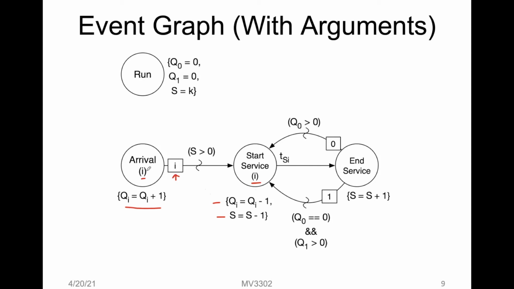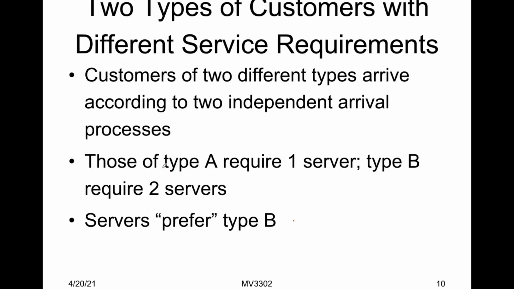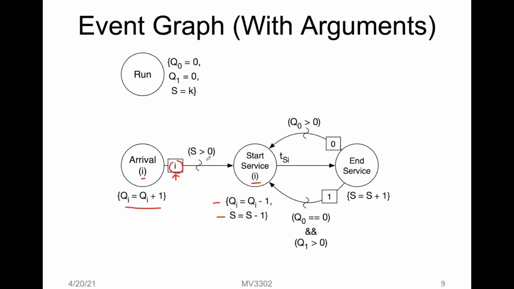So if I have an arrival of type 0, then it may schedule a start service of type 0 because it's passing 0. If I have an arrival of type 1, it will schedule a start service of type 1 passing the 1. So if I can find a way to generate all these arrivals, then I'll be good.